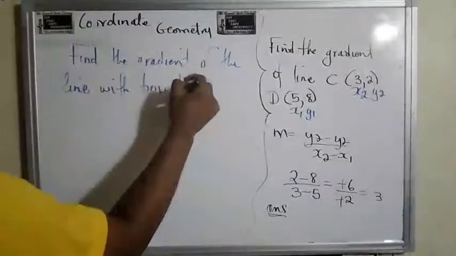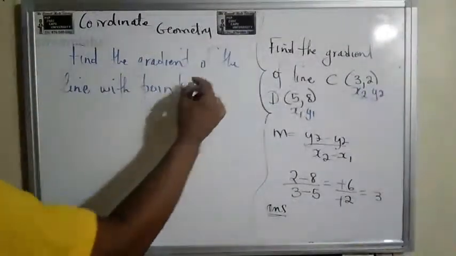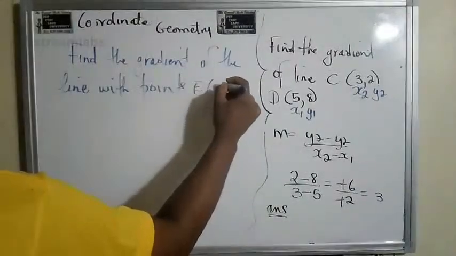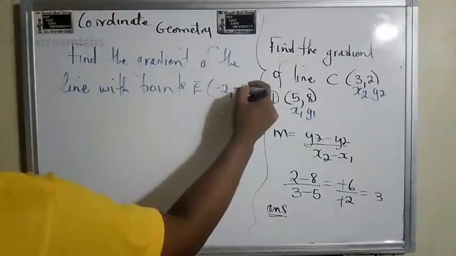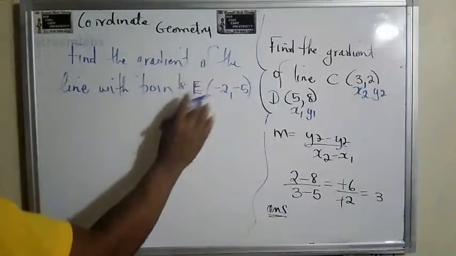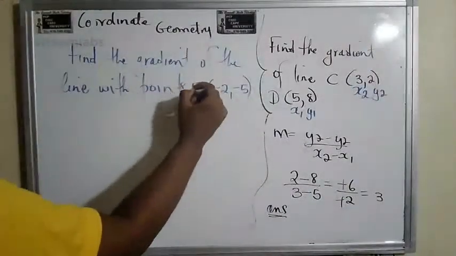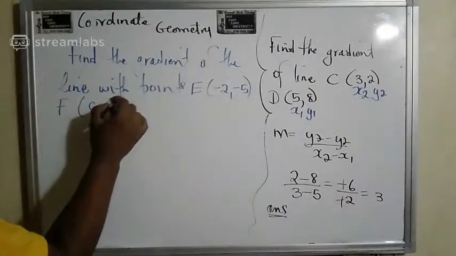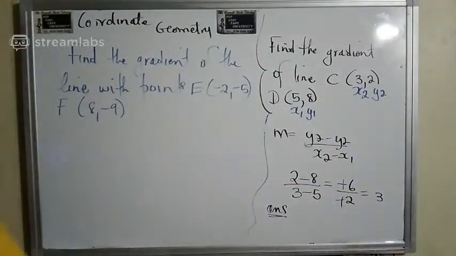And these come in the multiple choice also. So with the E now, put a negative in there, because I don't want them to get too comfortable and think it's only positive. So E and F. Find the gradient of that line. Gradient of EF.